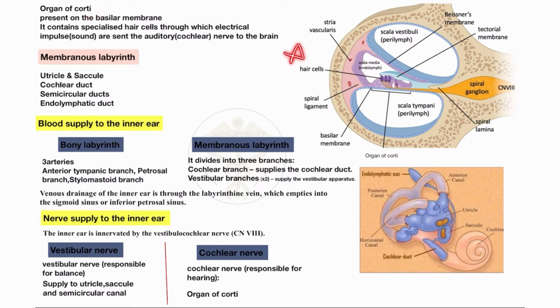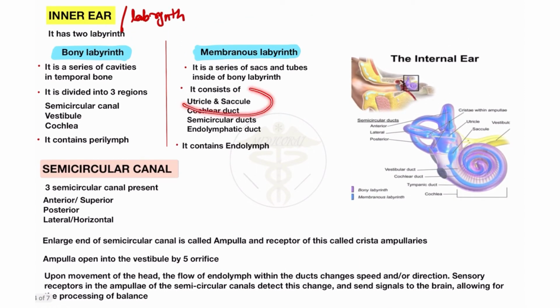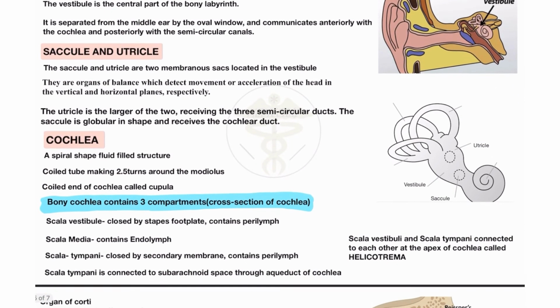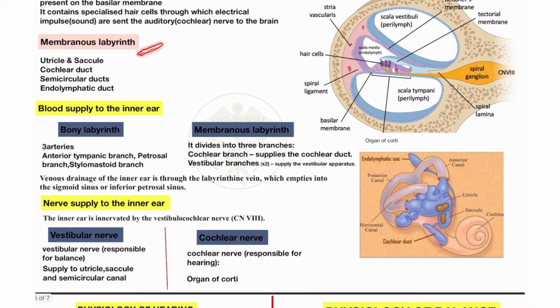It is a very important diagram. Please learn all the parts: the scala vestibuli, scala media, and scala tympani. Now I will discuss what I didn't discuss before. I already discussed the utricle and saccule, but the other parts of the membranous labyrinth contain the cochlear duct, semicircular duct, and endolymphatic duct. The membranous labyrinth, also called the inner ear, contains the utricle and saccule, which I already discussed.